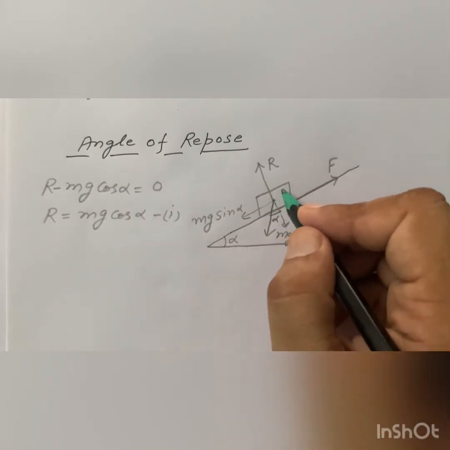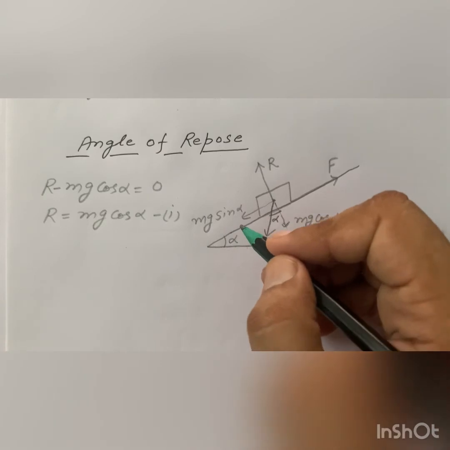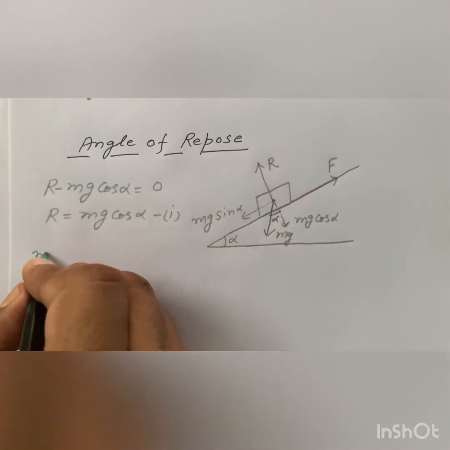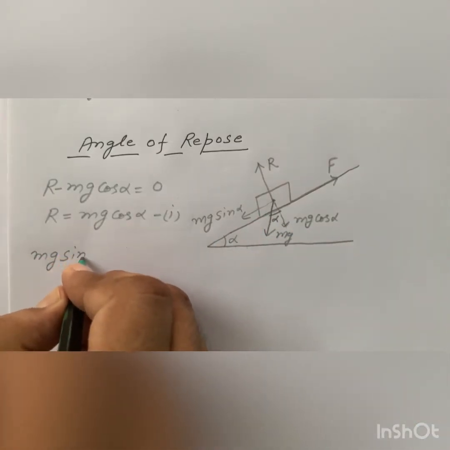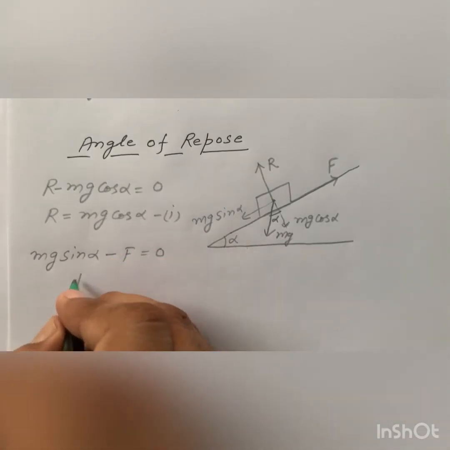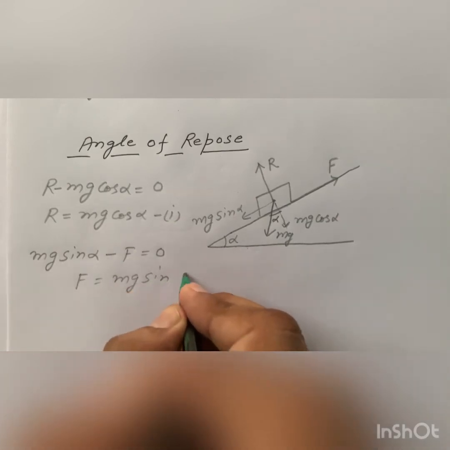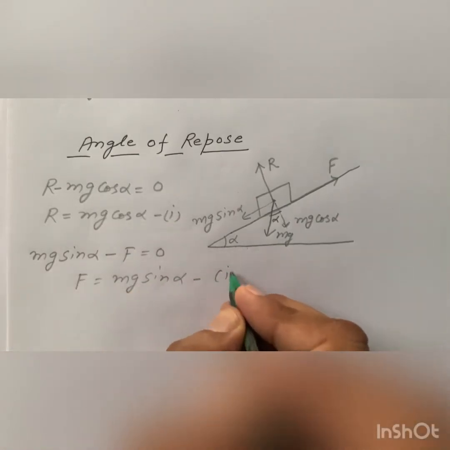Here also there is no motion along this direction, so net force acting is 0. So we have mg sin alpha minus F equal to 0, or F equal to mg sin alpha. This is equation 2.